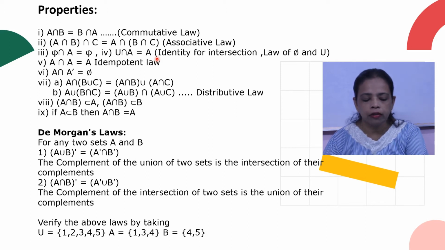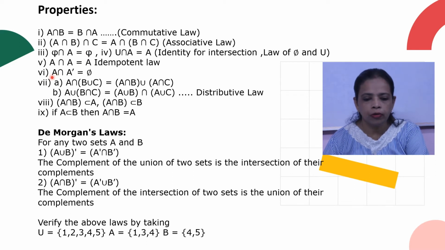So the intersection of set A and the universal set U is always A. These two properties, 3 and 4, are called identity for intersection.